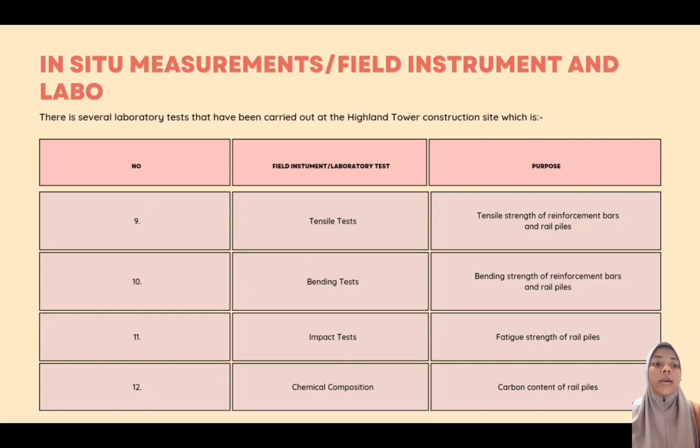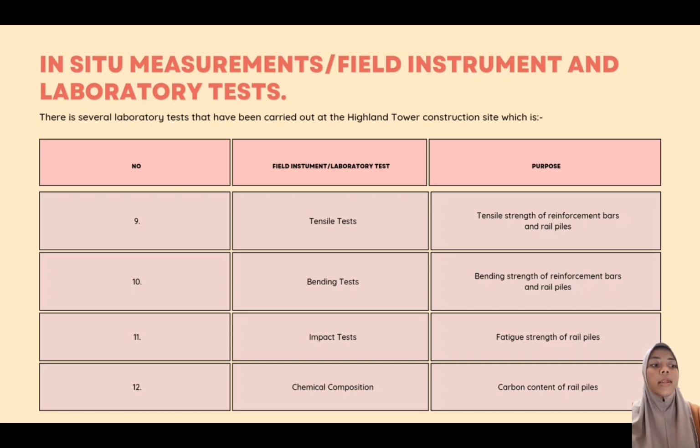Number 9, the field instrument or laboratory test is tensile test. The purpose is tensile strength of reinforcement bars and rail piles. Number 10, the field instrument or laboratory test is bending test.